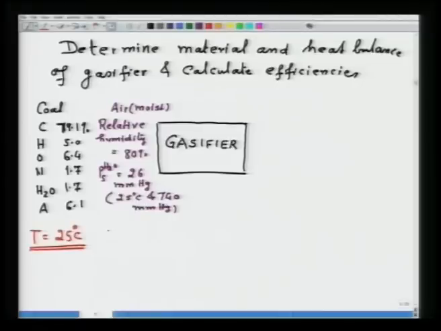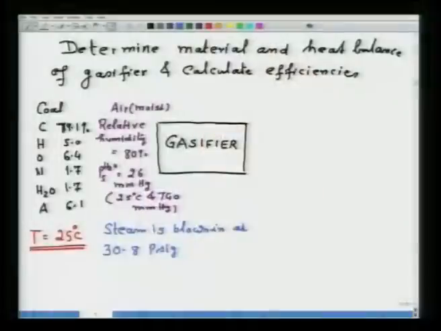Now, here it is also given that steam is blown in at a certain pressure, 30.8 psig. You must be knowing this unit, pounds per square inch gauge pressure.